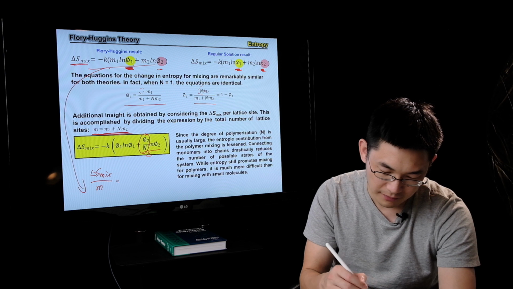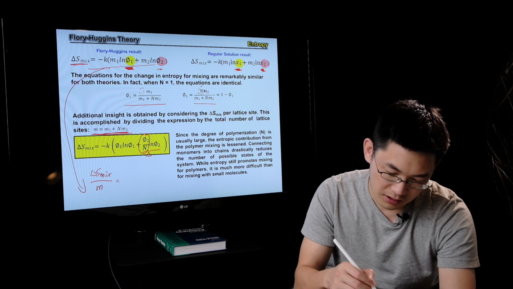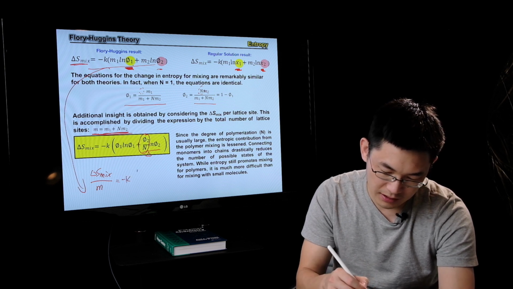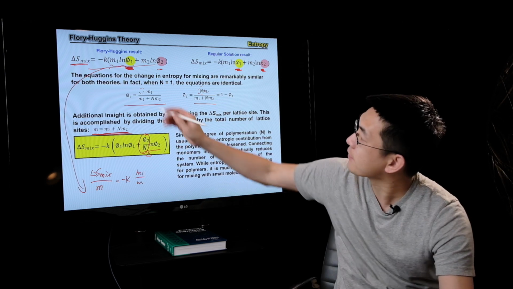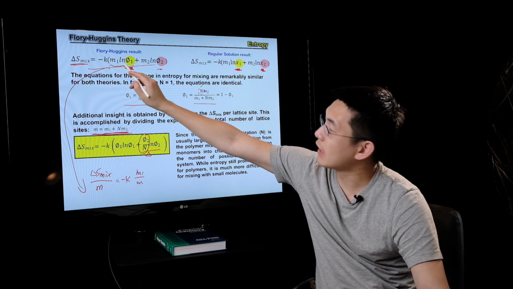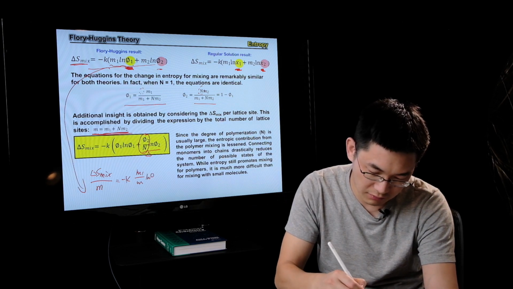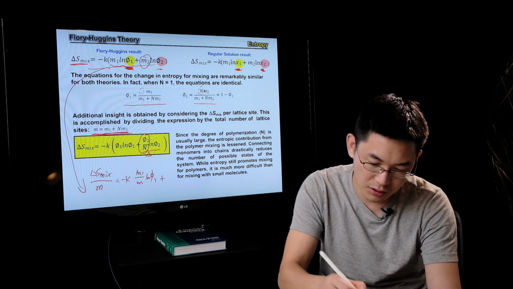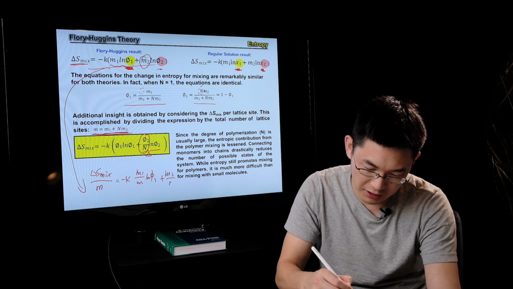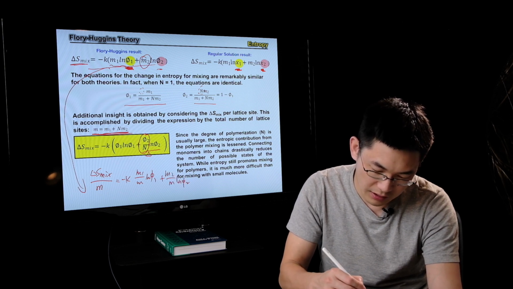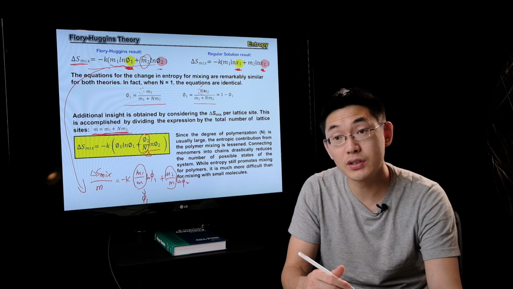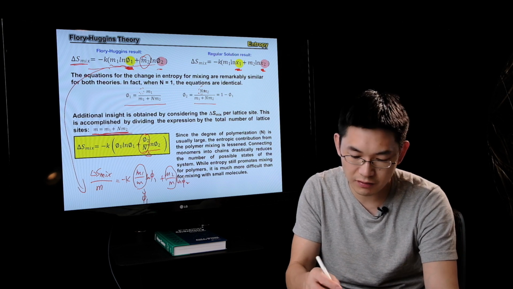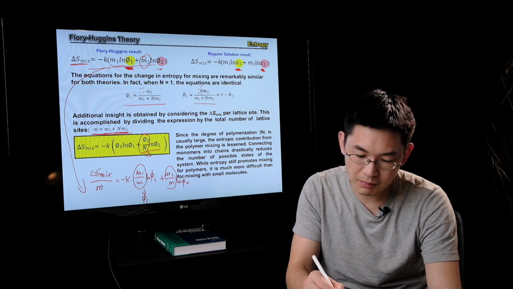You will see in the first term we still get minus k. The first half will be n1 divided by M, normalized by number of lattice sites, right? Log phi 1 plus n2 divided by M log phi 2. And this is directly related to phi 1, but n2 divided by M is not phi 2. And phi 2, as we define, you need to multiply by n.